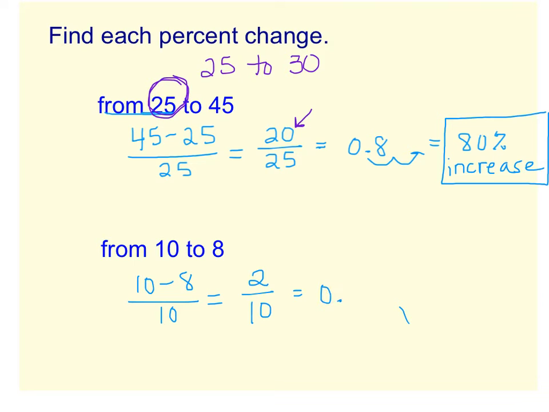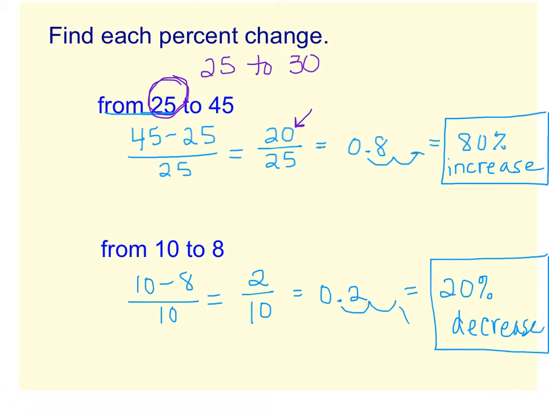And it's 0.2. Turn it into a percent, move it 2 spots to the right, and we get 20%. Now, is it a 20% increase or a 20% decrease? And because we went from 10 down to an 8, that is a decrease. So that's your basic use of percent change. We'll look at a couple other types of examples, but that's what we're looking at here.